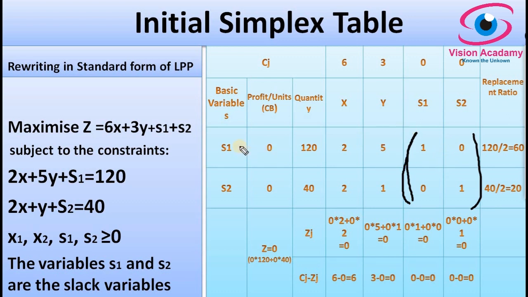Whatever the basic variables you take into the operation, there must be an identity matrix. Unless you form the identity matrix, you cannot check the optimality condition. So S1, S2 are in identity matrix. Now X will come in place of S2. So in the next iteration, S1 and X must form an identity matrix.